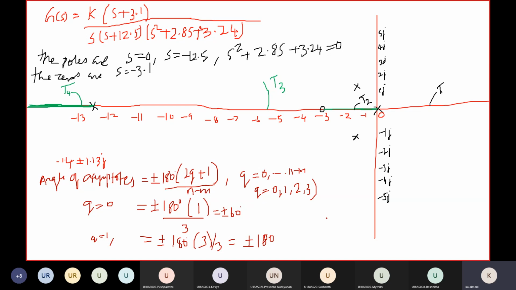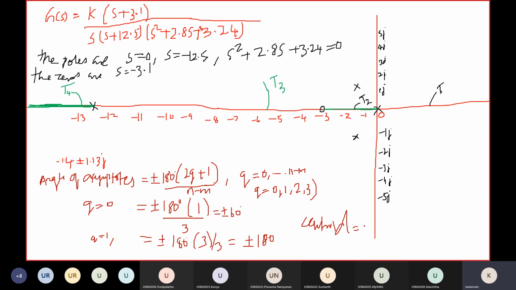Then we have to find the intersection of the asymptotes with the real axis. It is called the centroid. The centroid formula is the sum of poles minus the sum of zeros divided by n minus m. What are your poles?